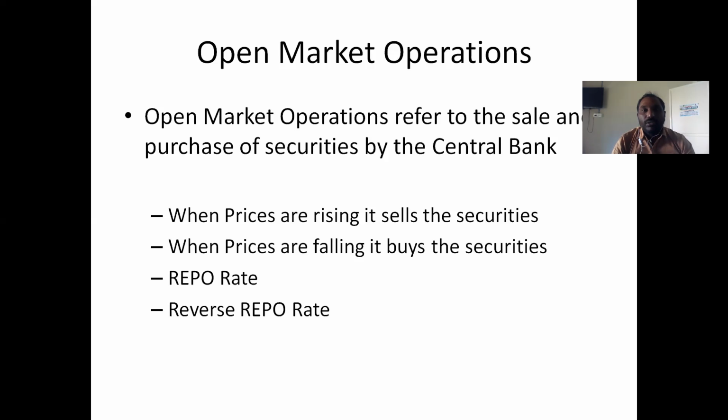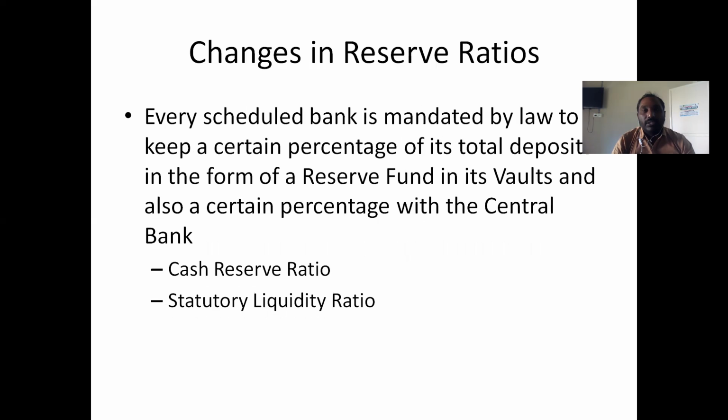We shall move on to the third one, changes in reserve ratios. Every scheduled bank, as you know, the banks which are listed in the Schedule 2 of the Reserve Bank of India Act, were known as scheduled banks. Every scheduled bank is mandated by law to keep a certain percentage of its total deposits in the form of a reserve fund in its vaults, and also a certain percentage with the central bank.